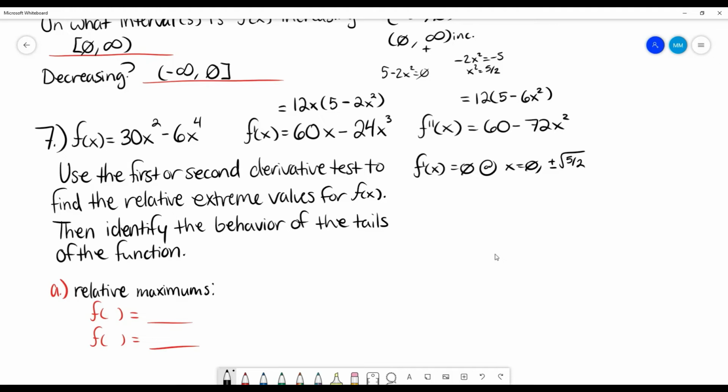So now we'll plug each of those into our second derivative and see how it goes. The second derivative of 0 is 60. Second derivative of negative square root of 5 over 2 is 60 minus 72 times 5 over 2, as is the second derivative of a positive square root of 5 over 2.